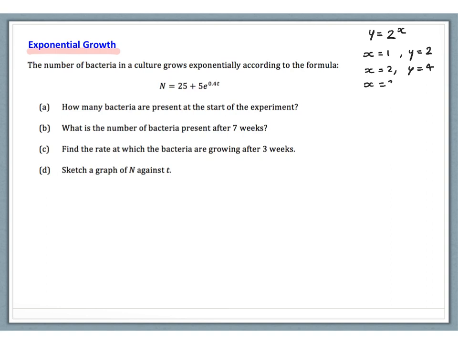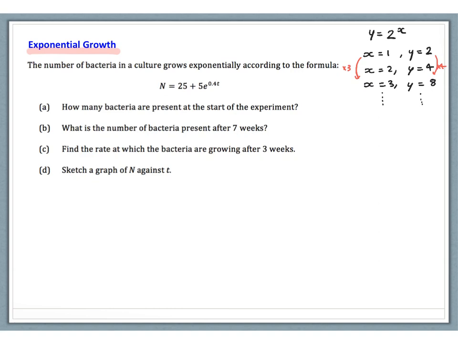If x is equal to 3, then y is equal to 8. Now, we start to see very, very rapid growth. So from here to here, our x value multiplies by 3, but our y value multiplies by 4.